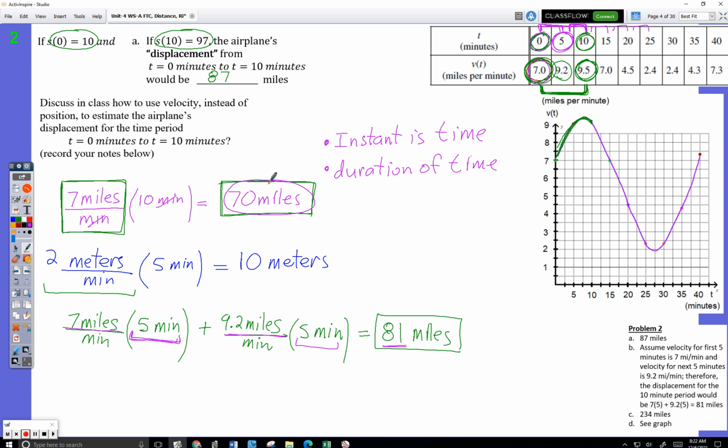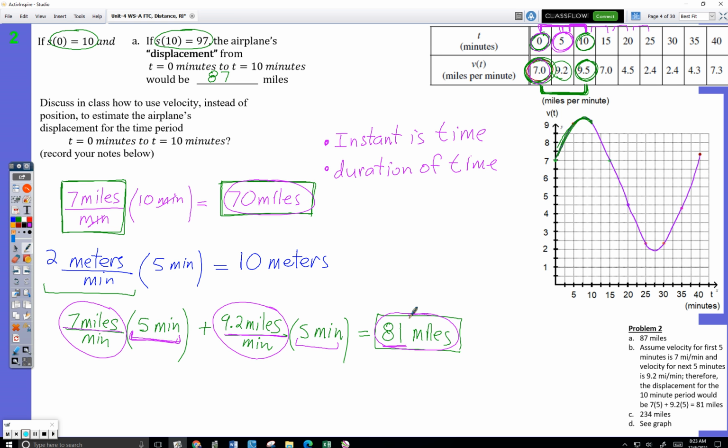When we change and say, let's use 2 different velocities within that 10-minute time period, we get a better estimate. So don't overthink it. Just raise your hand so I know you're with me.